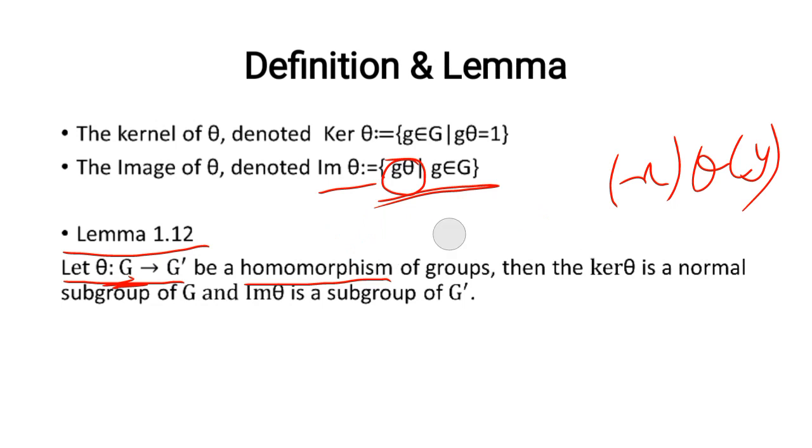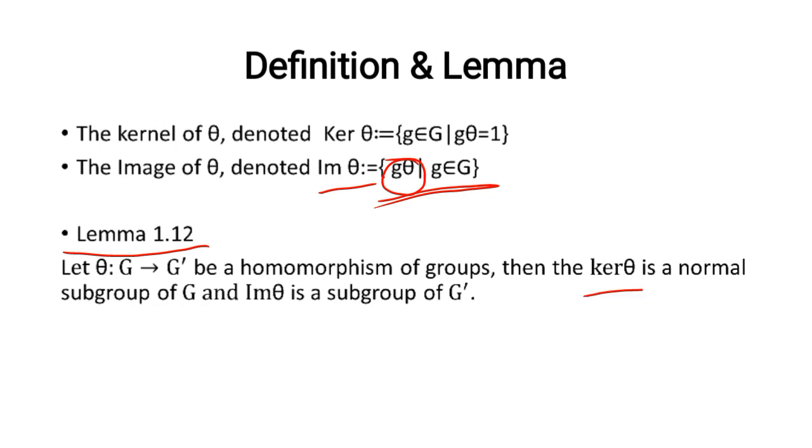Then it says that the kernel is a normal subgroup of G, and that the image of theta is a subgroup of G prime.